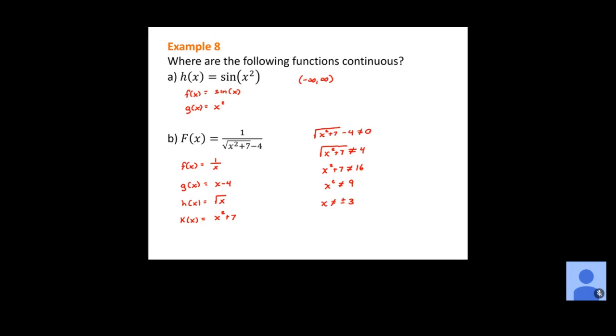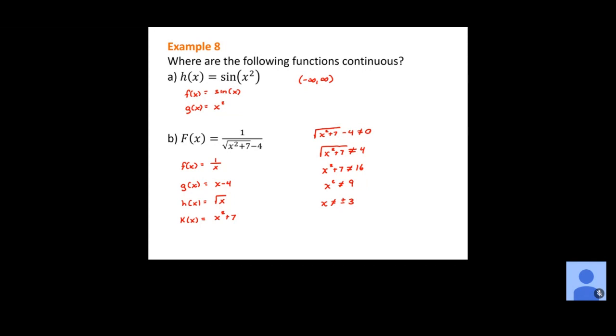So that tells us where we have restrictions on the domain, which means we're also going to have discontinuities there. So where is this function going to be continuous? Okay, so remember, it's not defined at 3 and negative 3, right?